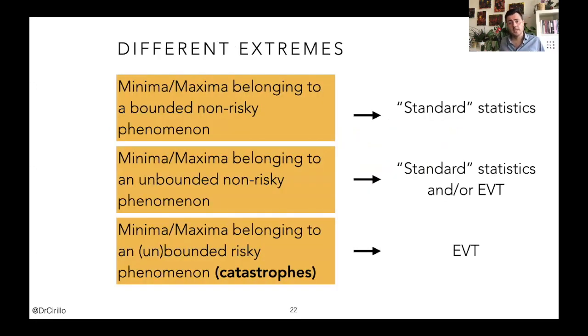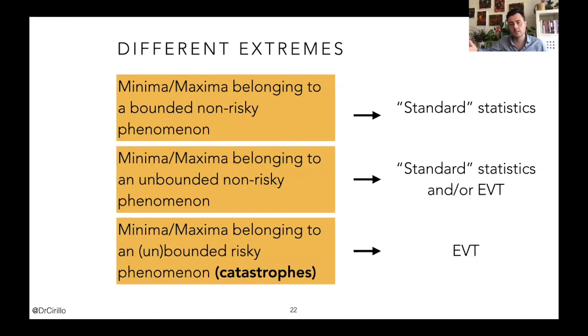We will see, later in this lesson or in the future lessons, that we will give different definitions of extremes in terms of their tails. When we have a phenomenon, we can study the tail of the phenomenon, and this tail may belong to different families, to different classes.